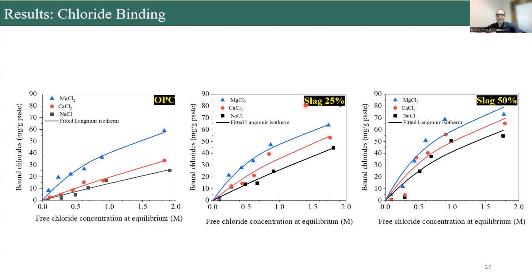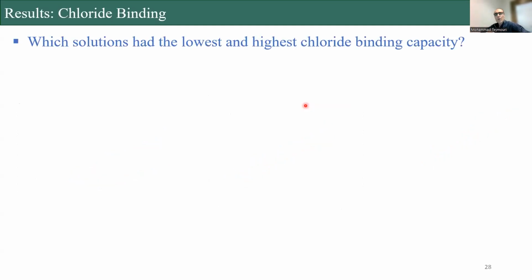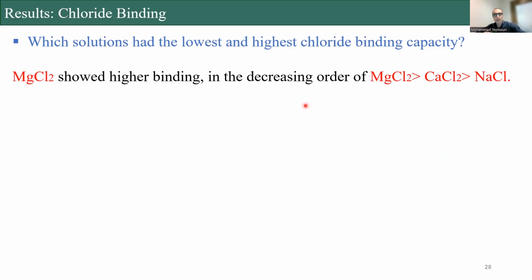So again, the binding is a favorable phenomenon because it can mitigate or hold some of the chloride ions that could initiate the corrosion. So regarding the chloride binding, the slag is the most favorable one compared to OPC, fly ash containing, and silica fume containing paste.